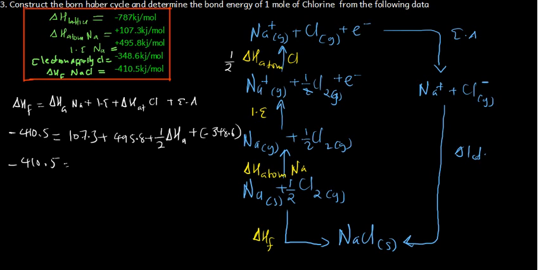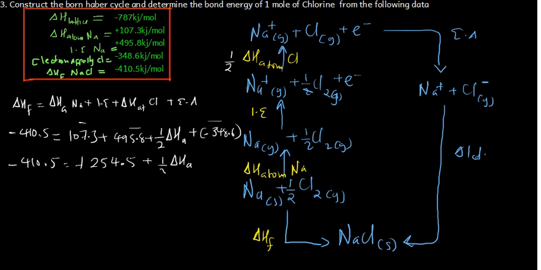And then okay, we add this and this, and from there we go to this one which is negative 348.6. So what we have is positive 254.5 and then plus half enthalpy of atomization.